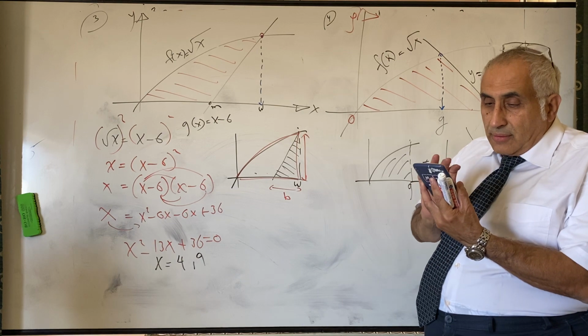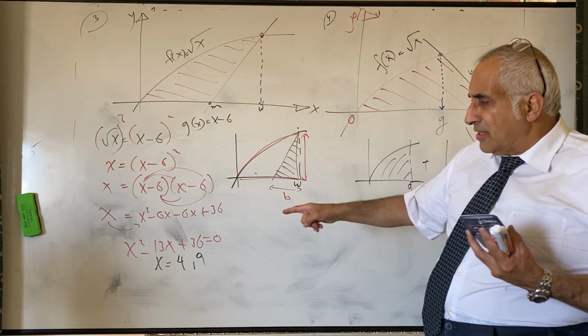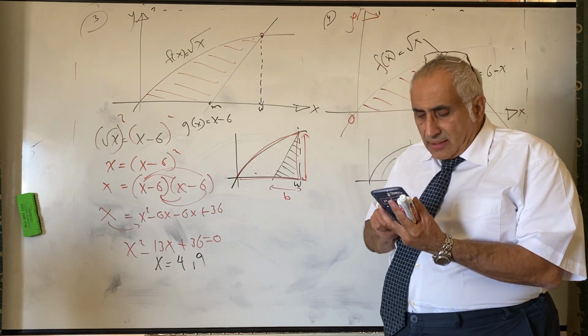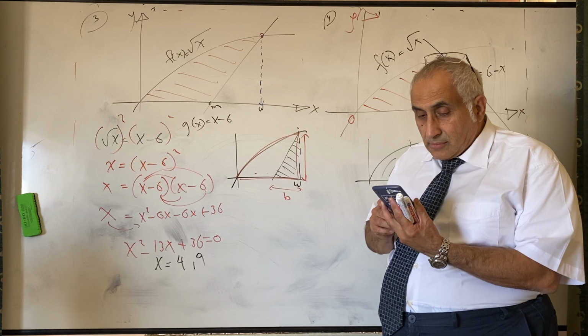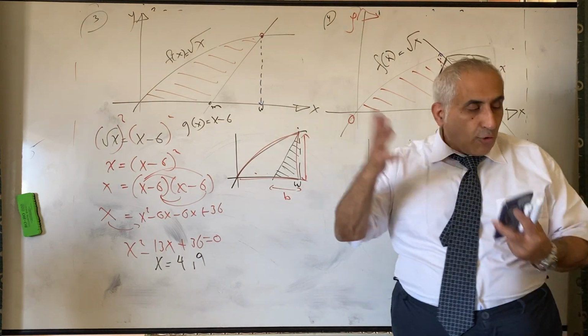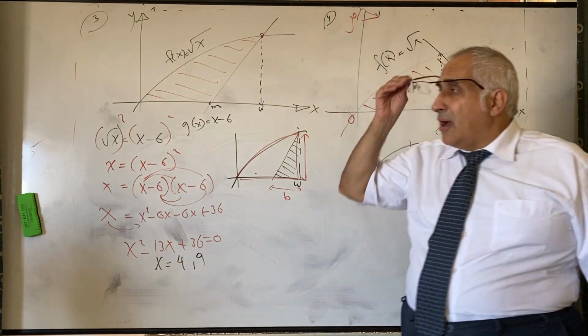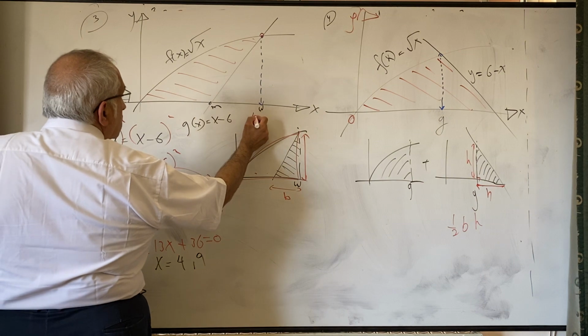Shift, 5, 3. Let me enter the numbers: 1, equal, minus 13, equal, plus 36. I have 9, I have 4, no problem. Now, gentlemen, is this 9 or 4?